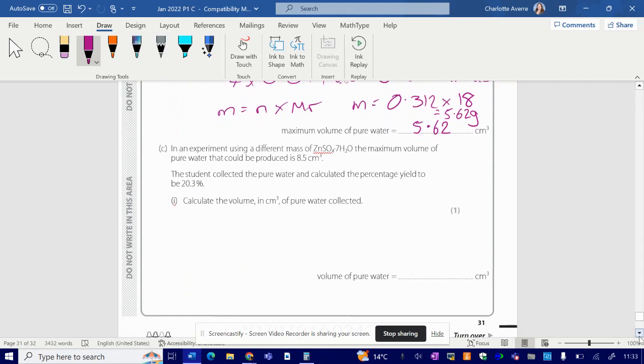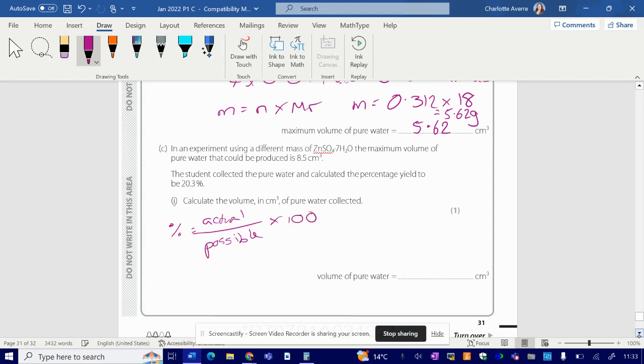Different experiment. Maximum amount of water that could be produced is 8.5 centimetres cubed, and the percentage yield is 20.3. Okay, so the way that we calculate percentage yield is we take the actual amount and we divide it by the possible and we times by 100.